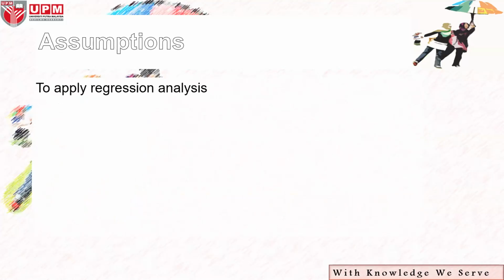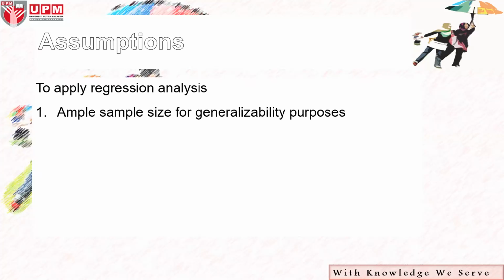The assumptions to run multiple linear regression include, first, we need to make sure that we have ample sample size for generalizability purposes. Make sure you follow a specific strategy to determine your sample size, so that you can define the number of samples that you have in your study.